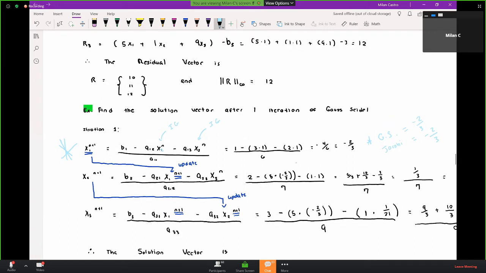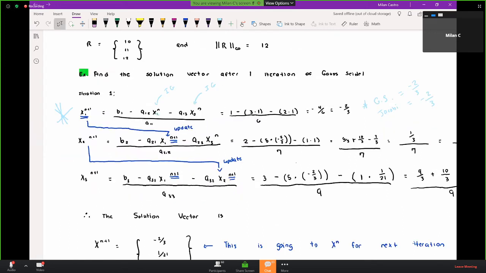But then it's going to change. In Gauss-Seidel, the main difference is we're going to constantly be updating that value. So now that we have x1, we're going to plug our x1 value into the new equation. In order to find x2, we have x2 equals b2 minus a21 times our new x1. That's what n plus 1 means.